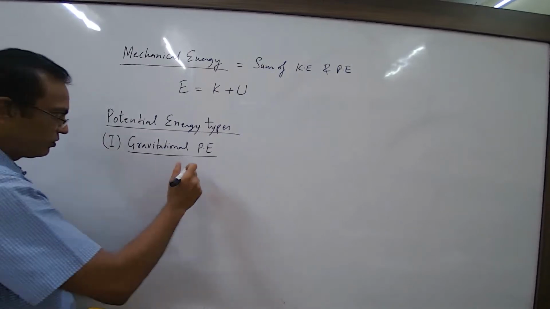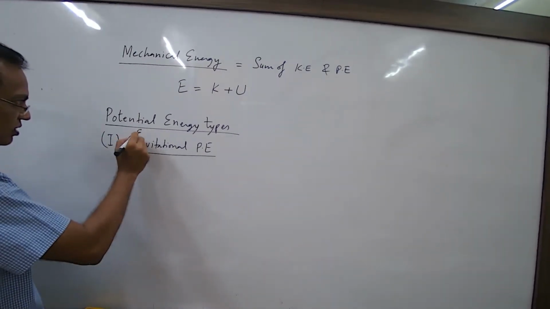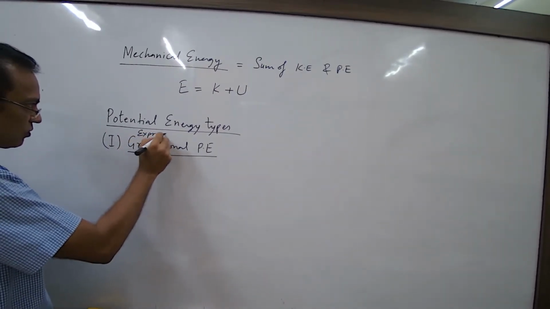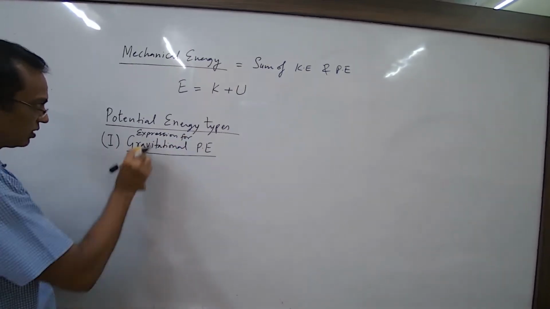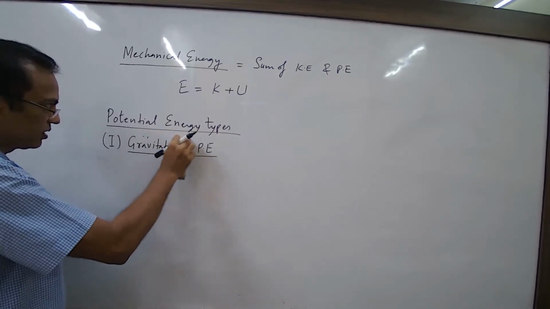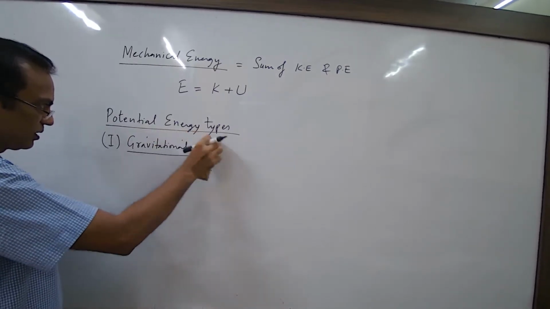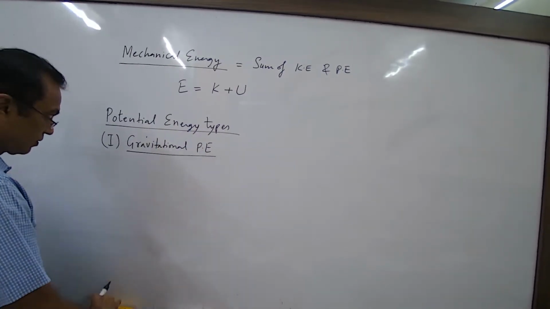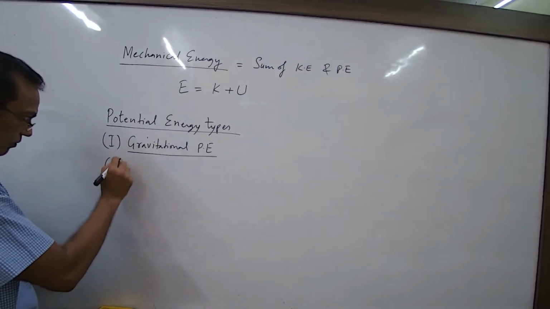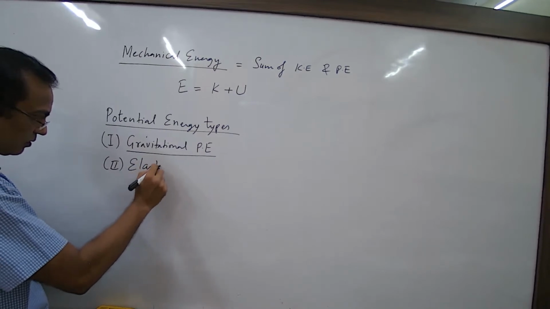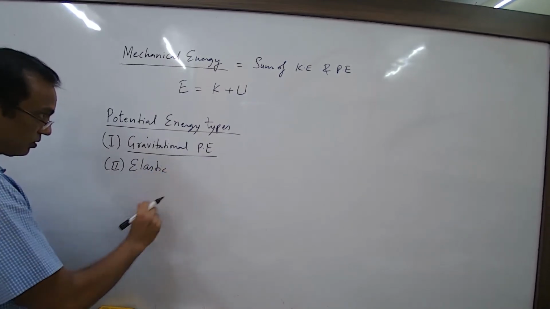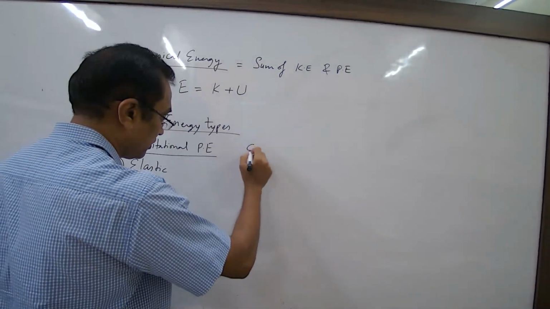Let's write it separately. First is gravitational potential energy. Second is elastic potential energy. Write it over here.